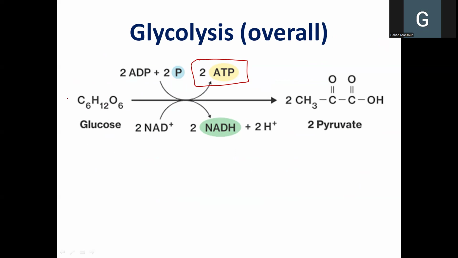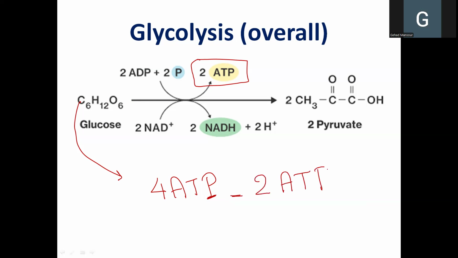But actually, this molecule of glucose gives energy that is enough to produce 4 ATP molecules, but 2 out of them are utilized as the activation energy of the reaction. We have said before that exergonic reactions use their own energy that they release to activate themselves or to activate the subsequent binding of the subsequent molecules.